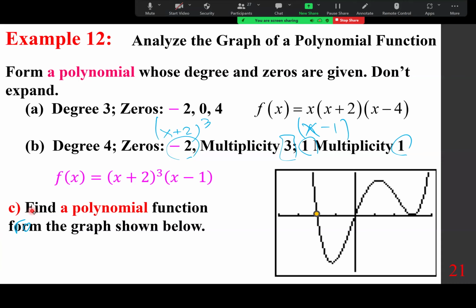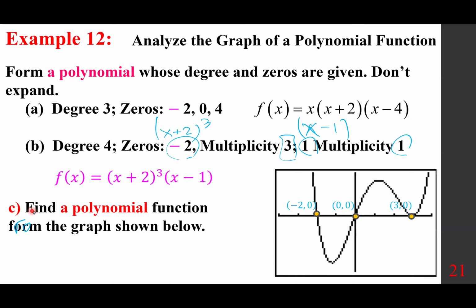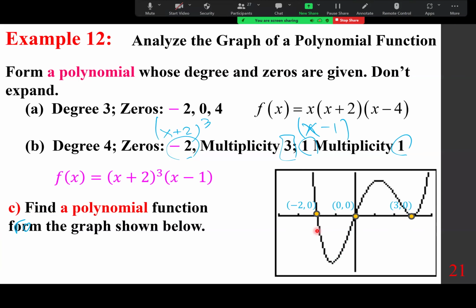They are located at -2, 0, 0, 0, and 3, 0. Those are the x-intercepts. This one crosses, the multiplicity is 1. This one crosses, the multiplicity is also 1. This one doesn't cross, the multiplicity is even, for example, 2. So that's why I put the arrow. The multiplicity is 1, 1 here. The multiplicity is odd, so we are going to go with the smallest one, 1, 1.